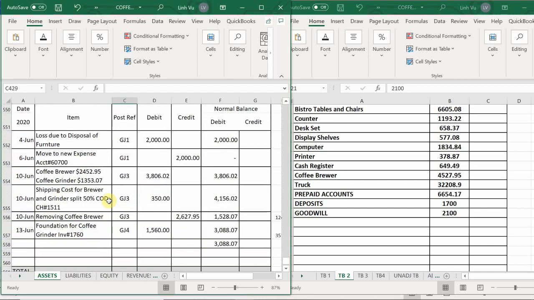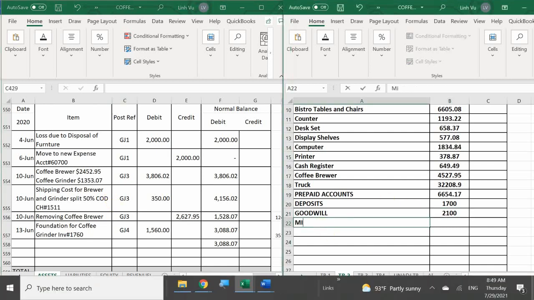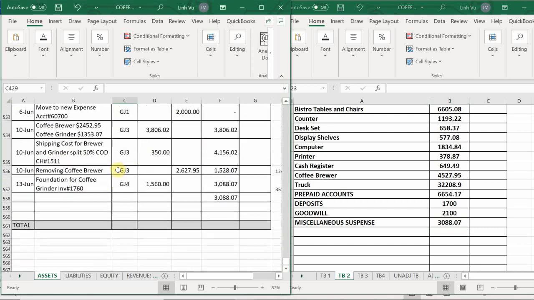And the last account we have is miscellaneous expense, which this time we do actually have an account balance for. Right now how much is it? $3,088.07. So that is it for all of our assets.